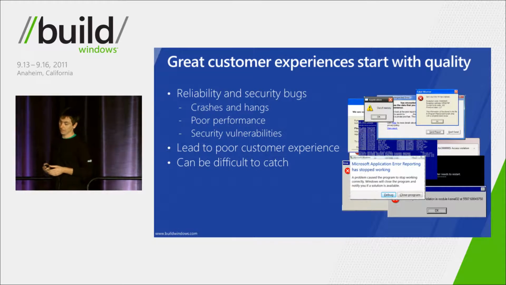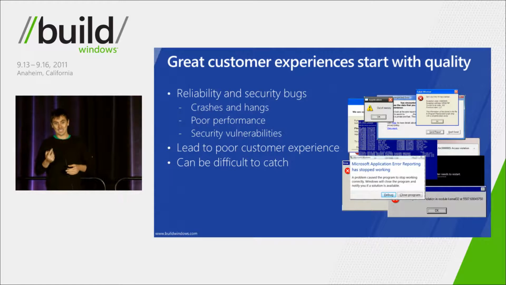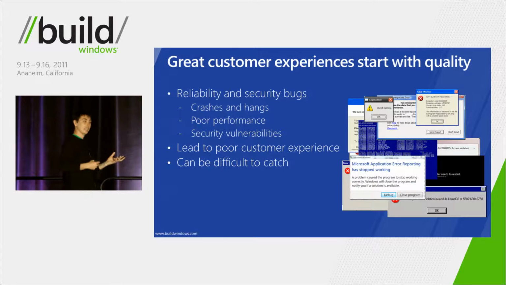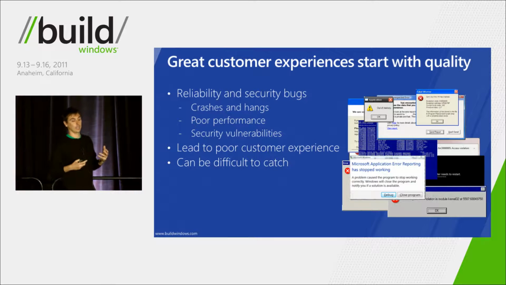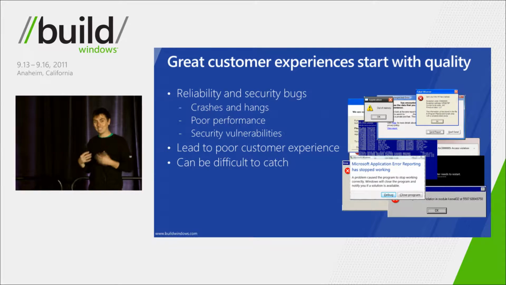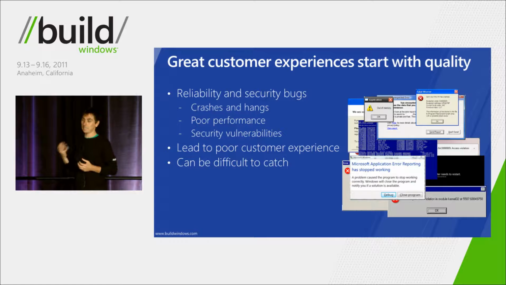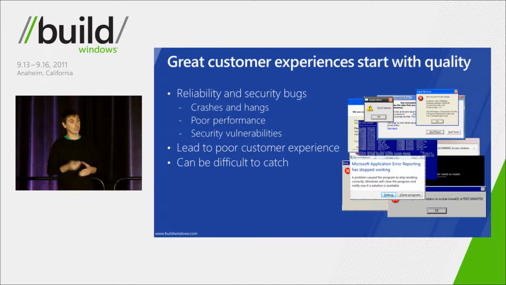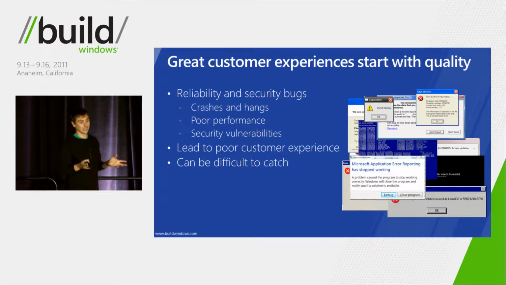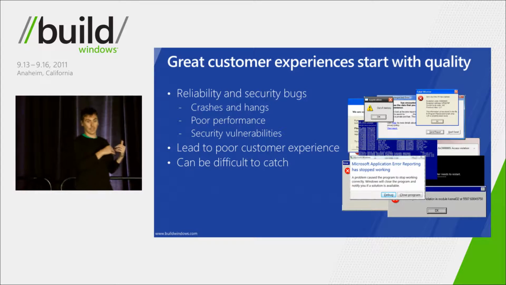No matter how innovative or useful or exciting your new application is, whether it's a desktop-based application or a new Metro-style application, if you have these kinds of bugs, these are things that will keep people from installing and using your software, right? And likely tell other people not to use your software as well. So it's really important that we find and fix these kinds of bugs.